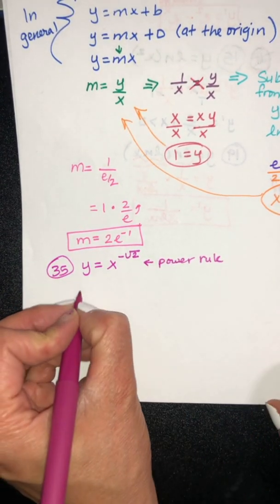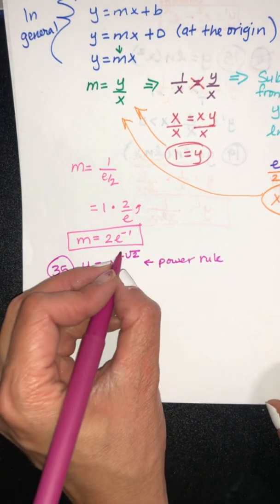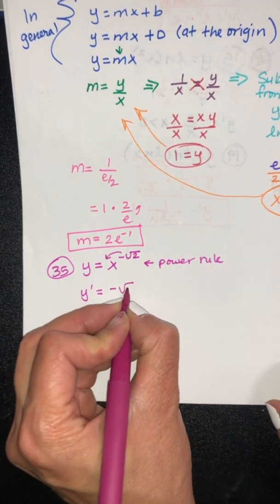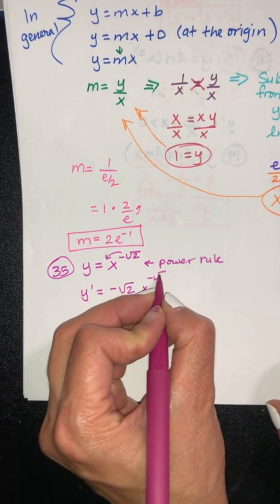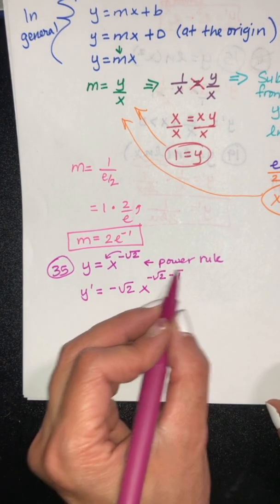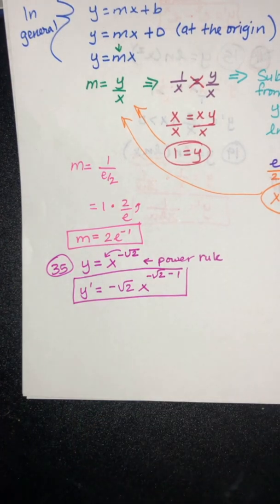So y prime is going to equal, well, just use the power rule, drop down the exponent. So I'll have negative square root of 2 x, and then we have to subtract 1 from that exponent. And that's it. Kind of nice. Your normal problem.